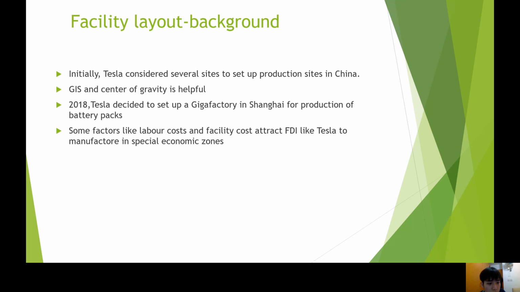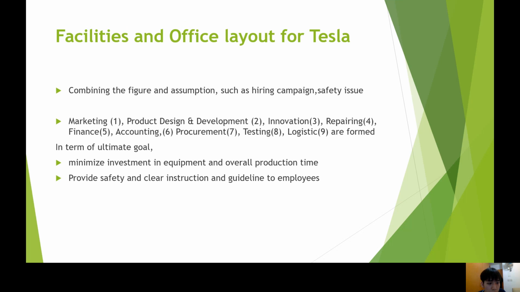However, in 2018, Tesla decided to set up the Gigafactory in Shanghai for production of battery packs. So some factors most likely affected Tesla's decision, such as labor cost and facility cost being very low in the designated special economic zone in China.